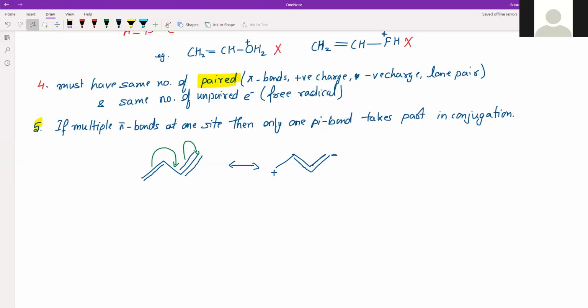Right? Next is that if any conjugate position has a pi bond along with a positive charge, negative charge, odd electron, or lone pair of electrons, then only the pi bond takes part in conjugation.